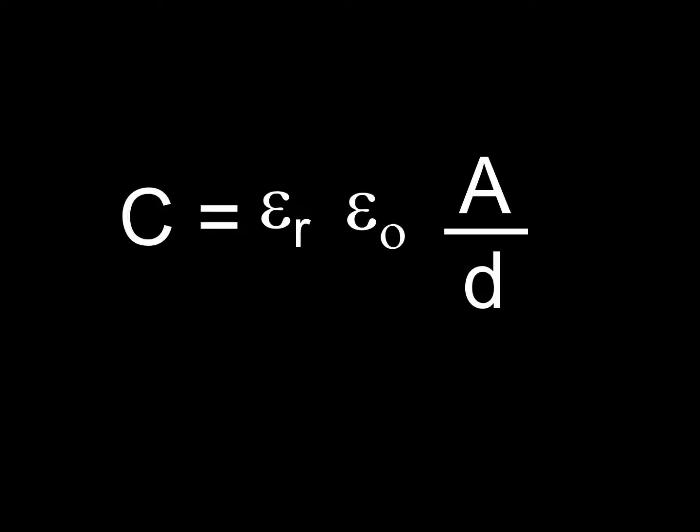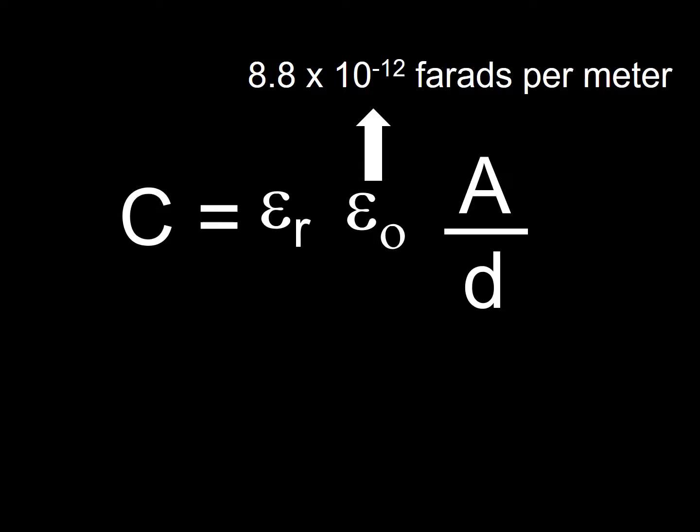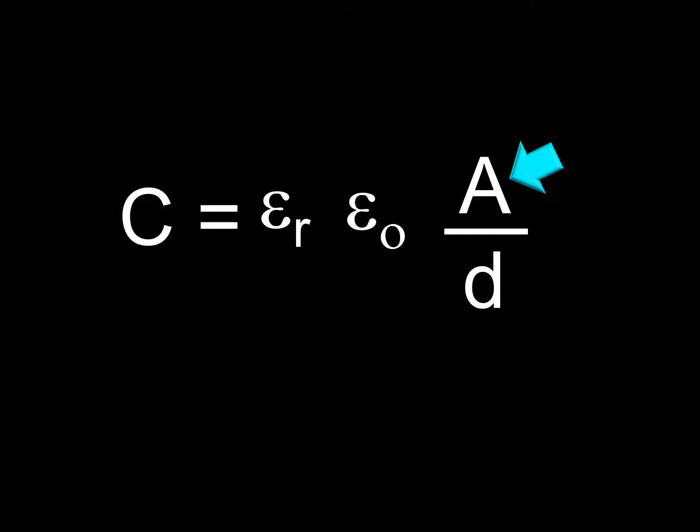It can be expressed as: capacitance is directly proportional to the relative permittivity of the insulating material to the electrical field, an electric constant, which has the value that you see indicated here, and the area of the plates. But at the same time, it is inversely proportional to the distance between the plates.